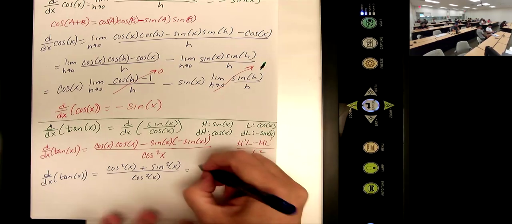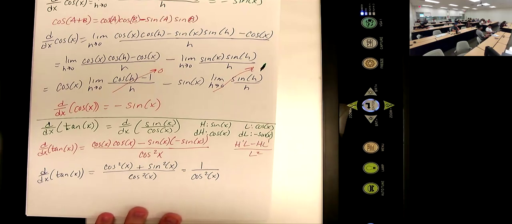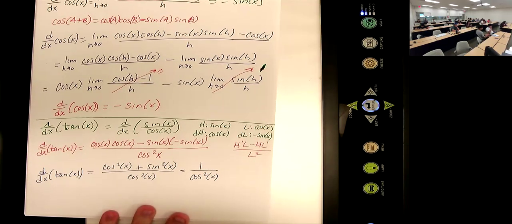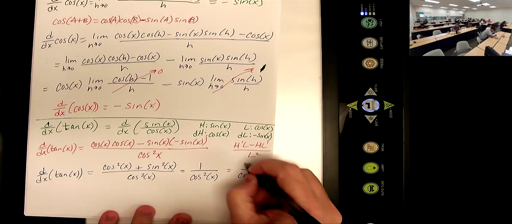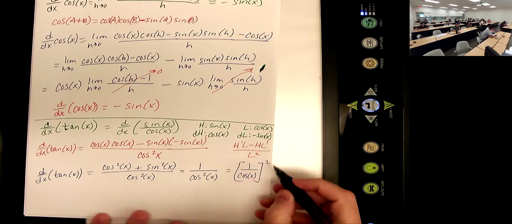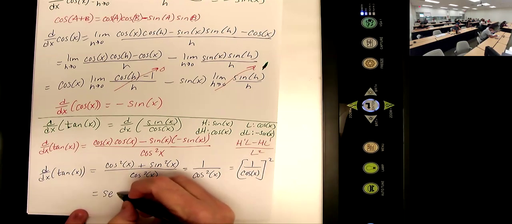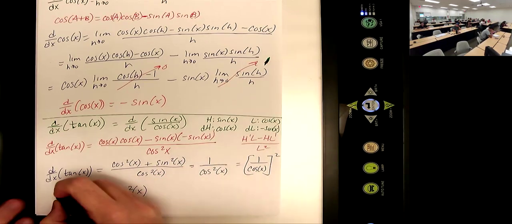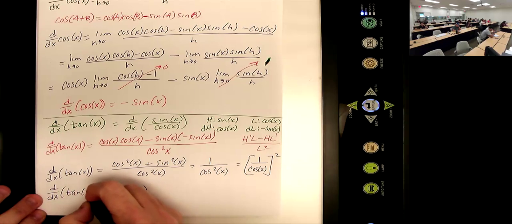Equals 1, right? And if you don't notice it right away, this is 1 over cosine x squared. But that's secant x. And since it's squared, we have secant squared x. Derivative of tangent x is secant squared x.